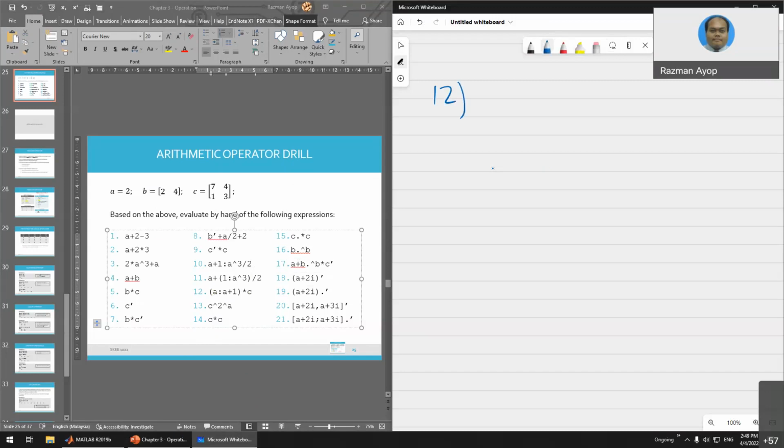This one is also a bit tricky. So 2 dot in bracket 2 plus 1, multiplied by C, 7413. How to solve this?